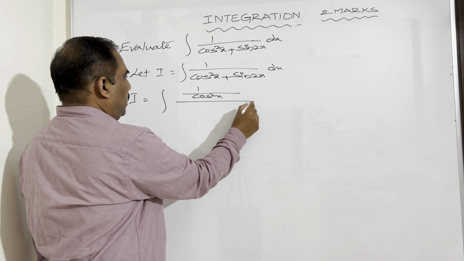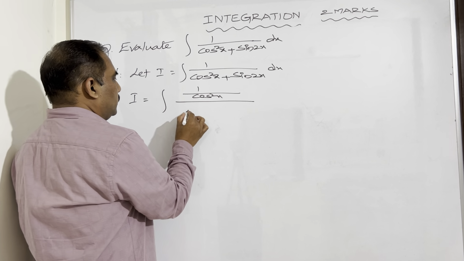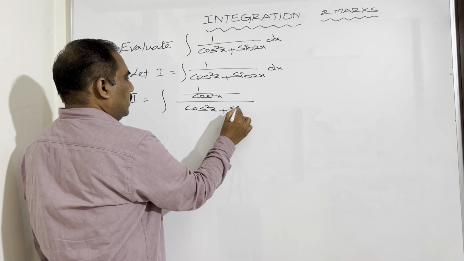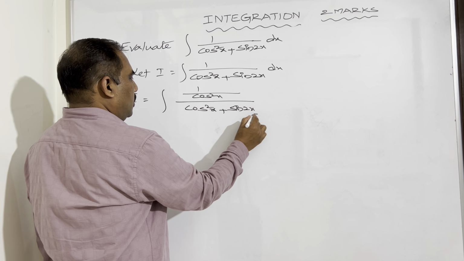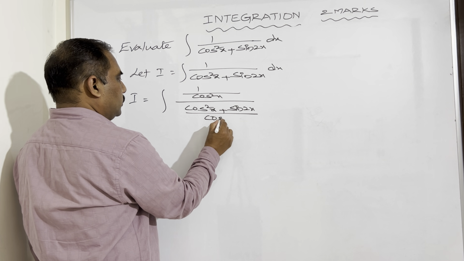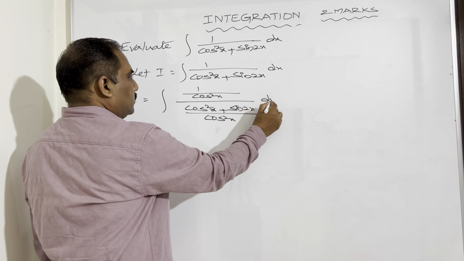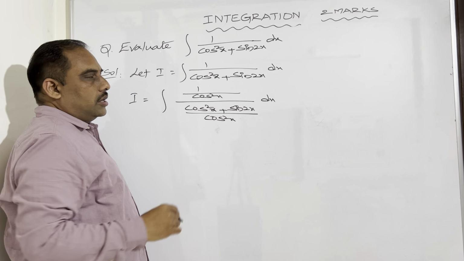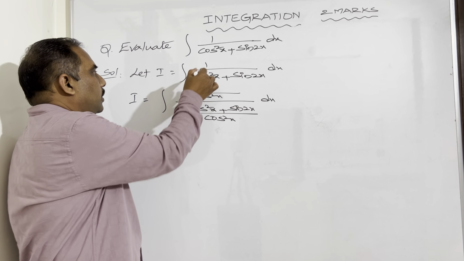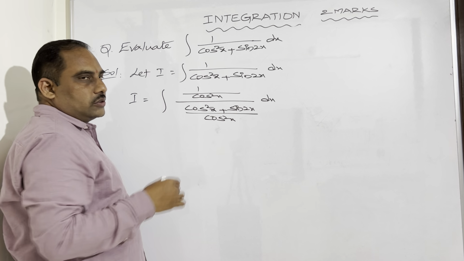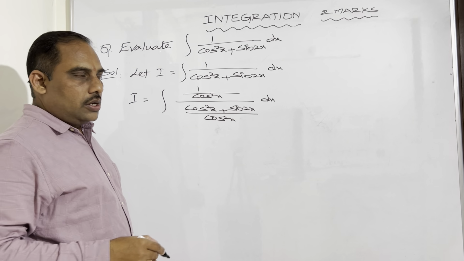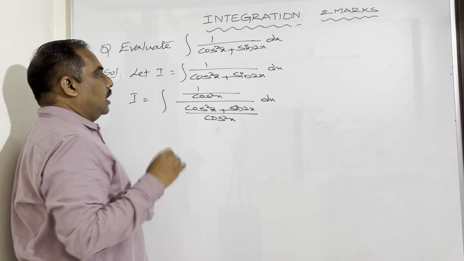So now we have 1 by cos square x in the numerator, and the denominator is cos square x plus sine 2x, whole divided by cos square x, dx. So here what I did is divide the numerator and denominator by cos square x. The numerator is 1, so 1 by cos square x, and the denominator, cos square x plus sine 2x, is also divided by cos square x.